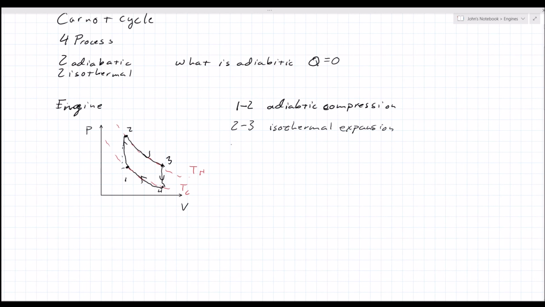So then from 3 to 4 I have adiabatic expansion, and as you can see my pressure is decreasing and my volume is increasing. I am expanding my system. And then from 4 to 1 is isothermal compression.